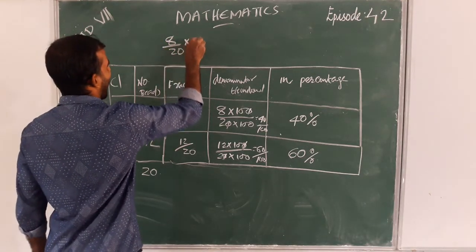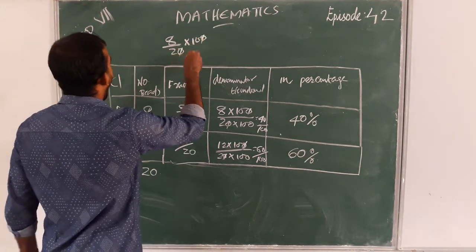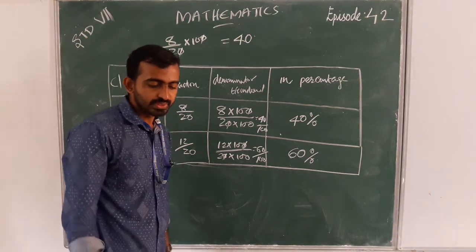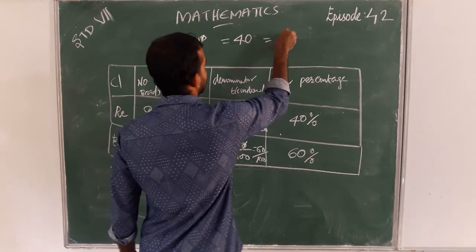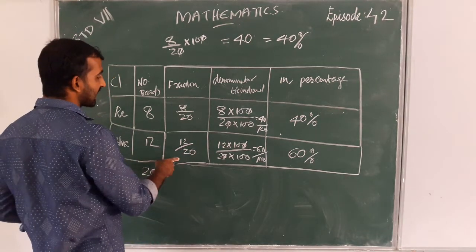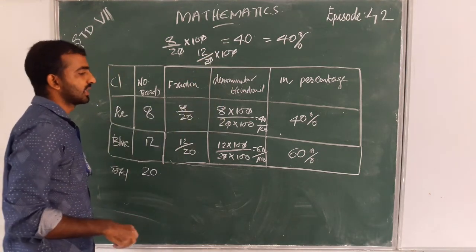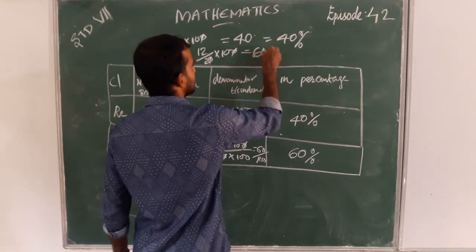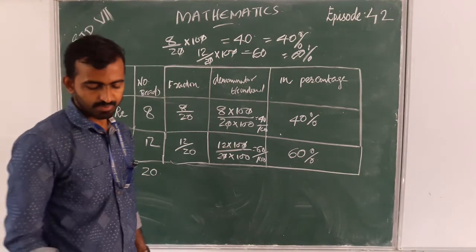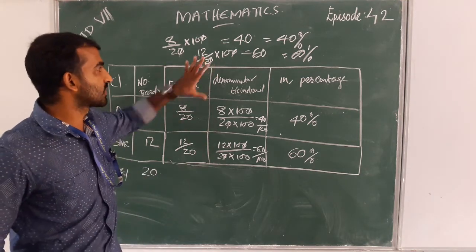We get 40 out of 100, that is 40 percent. And we get 60 by 100, so 60 out of 100, that is 60 percent.